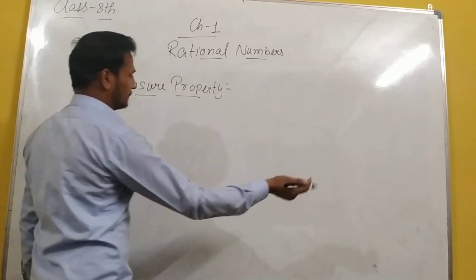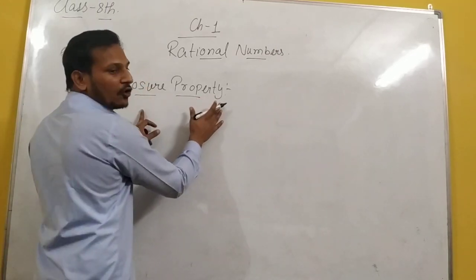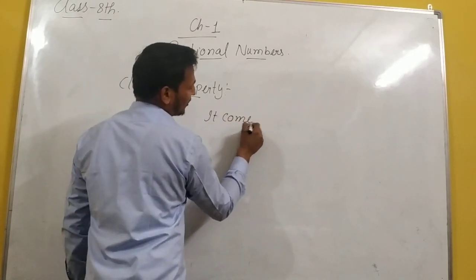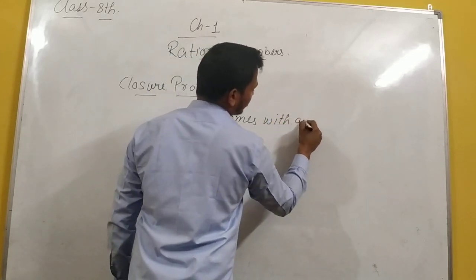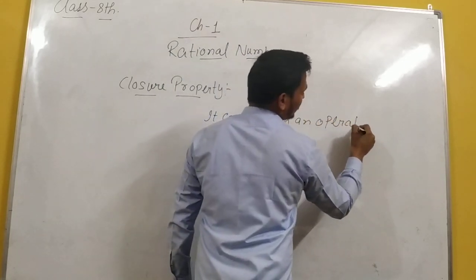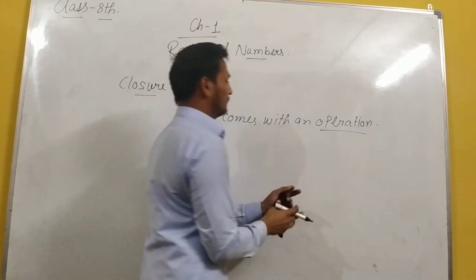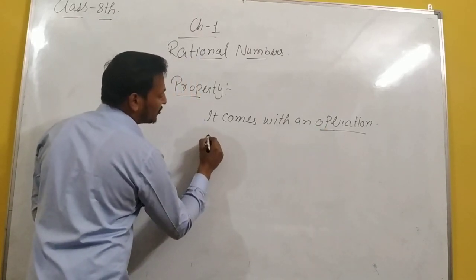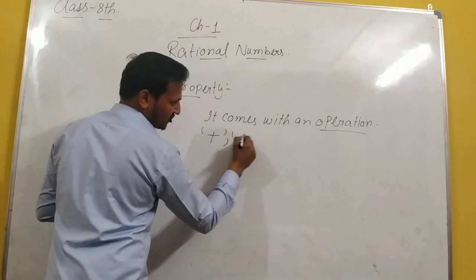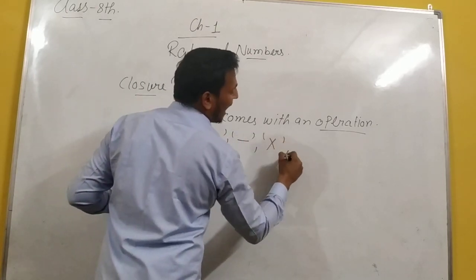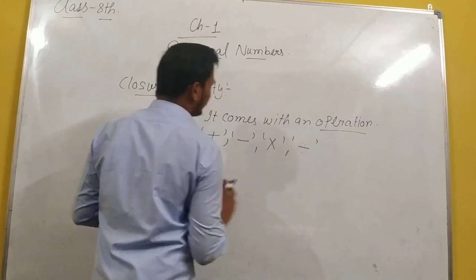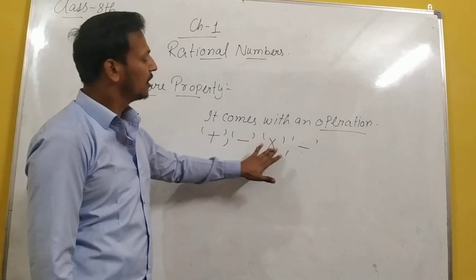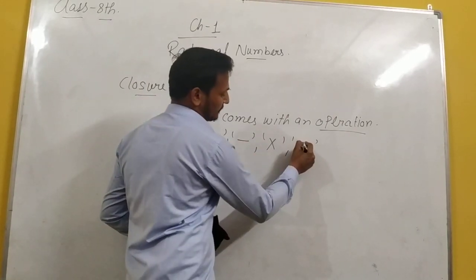What is closure property? Whenever we talk about closure property, it comes with an operation. In maths, operation means addition, subtraction, multiplication and division.